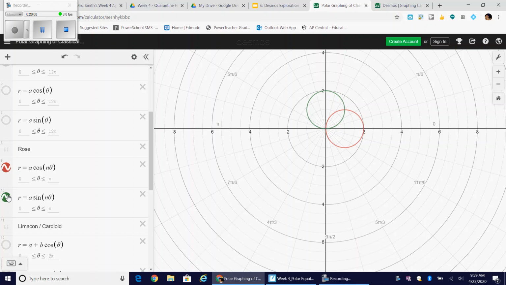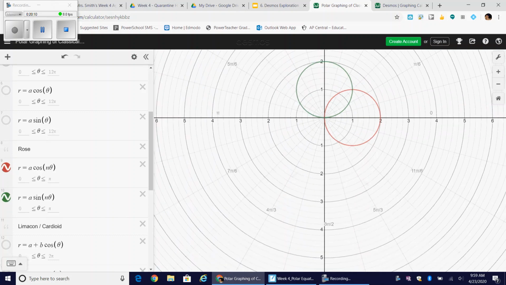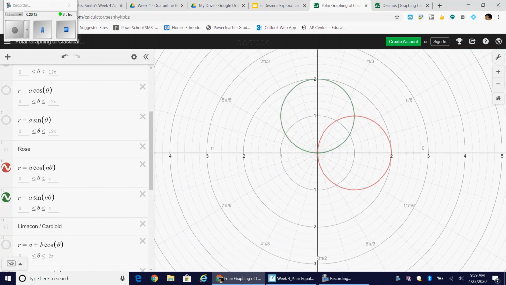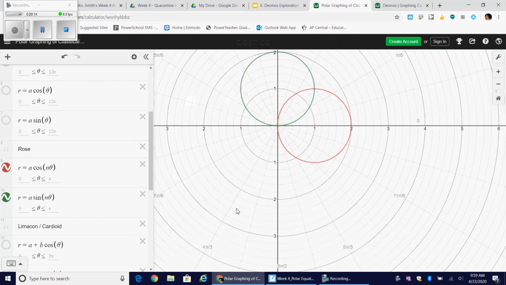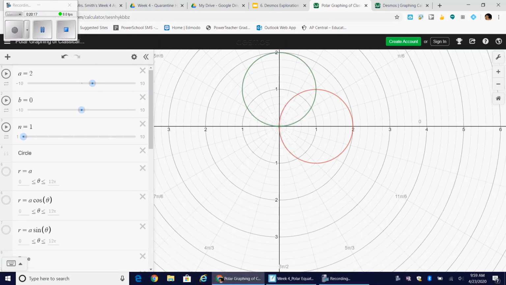I'm going to highlight cosine and sine. So just like I said, when n is 1, which it is right now, we just get these circles. Okay? Circle in the positive x direction. The green circle for sine is in the positive y direction. But what happens when, and I'm going to set my radius to stay at 2.